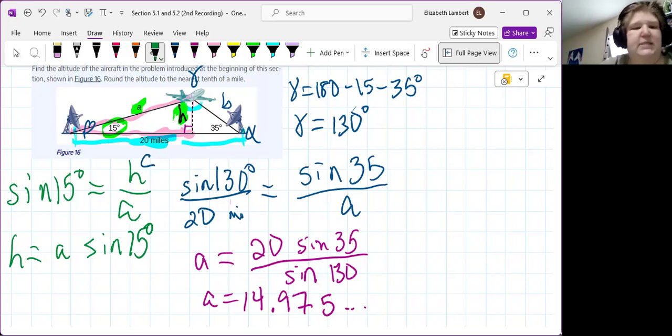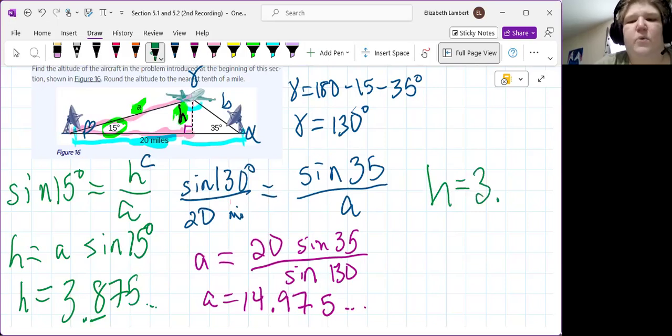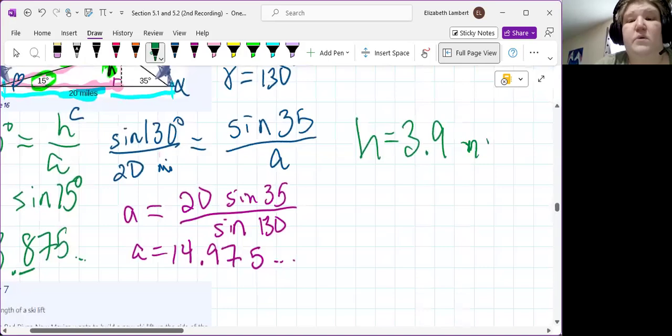And this tells us that the height is 3.875, blah, blah, blah, tenth of a mile. So H is 3.9 miles. So the airplane is almost 4 miles in the air.